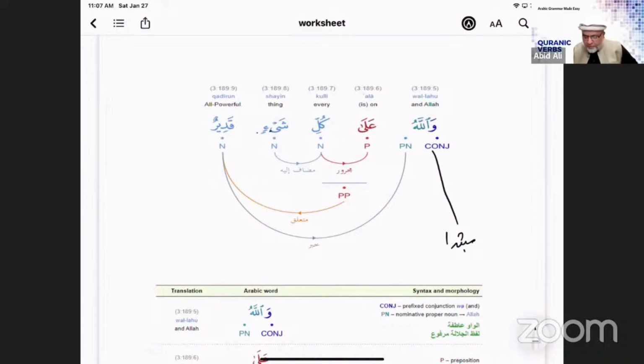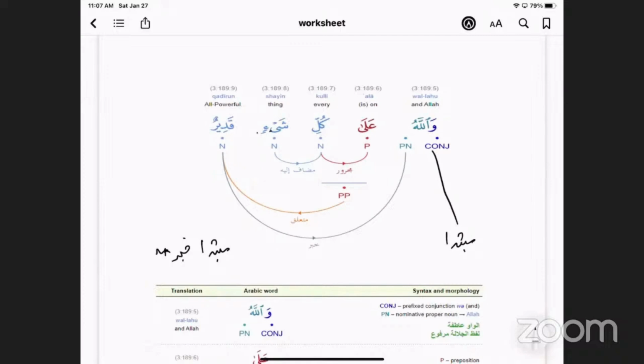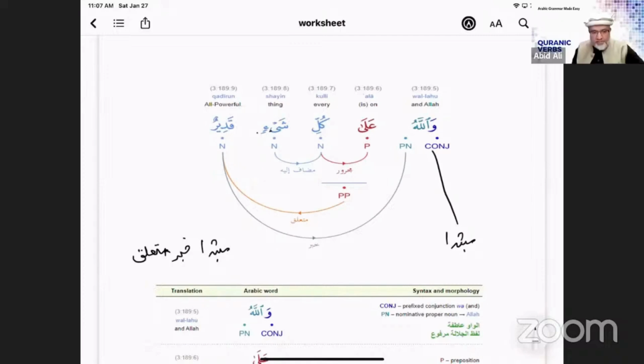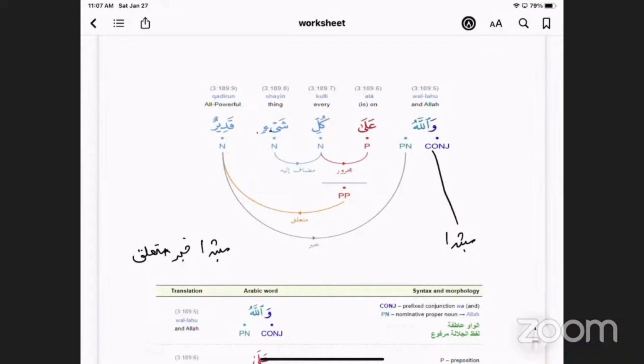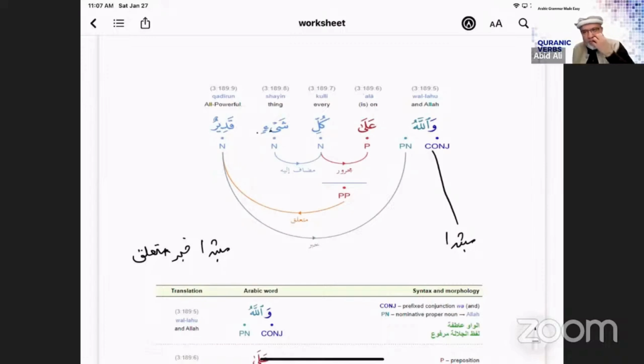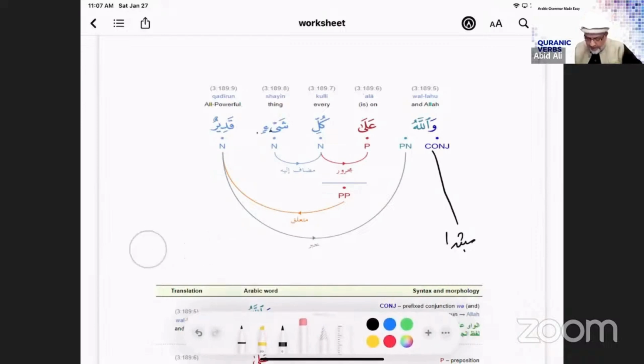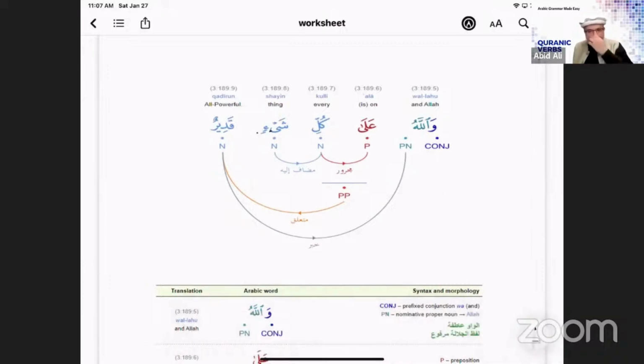Kulli shay is mudafun alayh. Qadirun is the khabar. So in a nominal sentence, we have mubtada, khabar, muakhar and mutalliq. Mutalliq is anything which is jar majroor. Jar majroor, mudafun alayh, we call it shibh jumla, if you remember that. So inshallah, it's about time, and I believe that all of you have the capability to apply it. It's just that you have to have the willingness to try it out on your own.